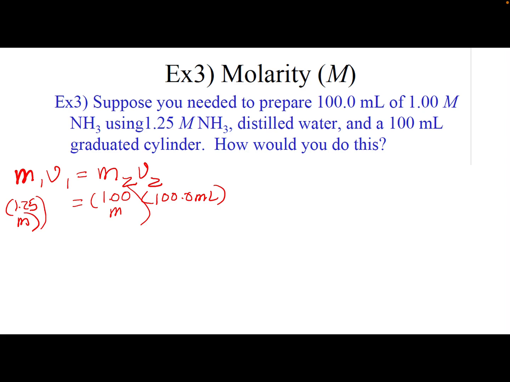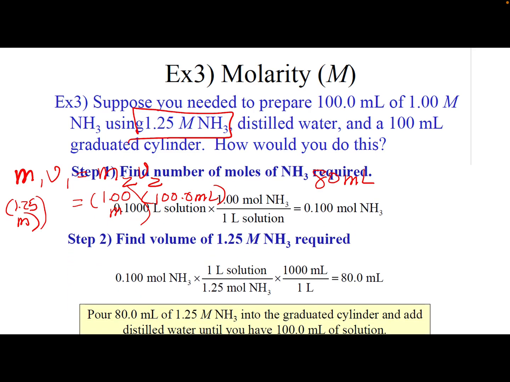So I'm going to take, I need 80 milliliters of my 1.25 molar ammonia, which is kind of what happens here. And I brought this up to show you the procedure.